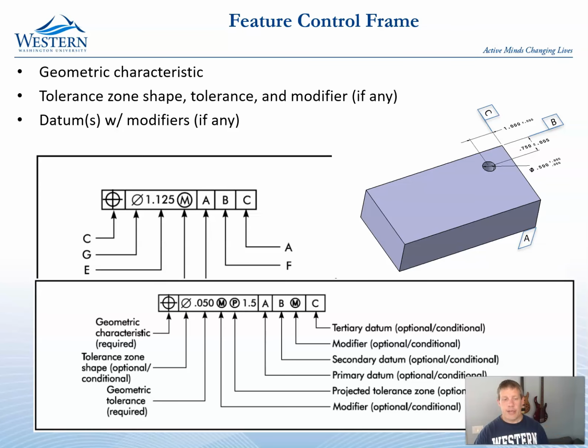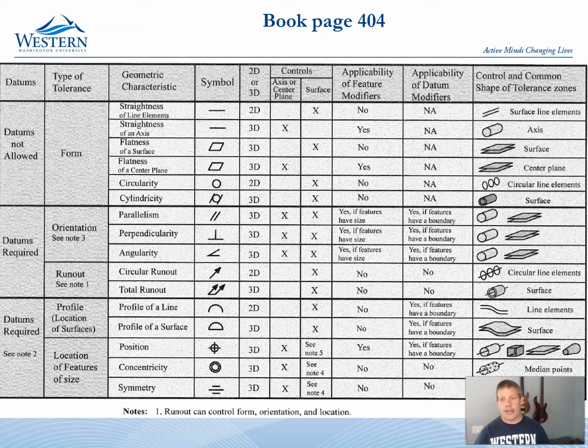The primary way to do that is to look at something like this form. And so this is in the back of your book. It is on page 404, and this form and then the tables that are after it will tell you how many callouts, how many datums have to be identified.